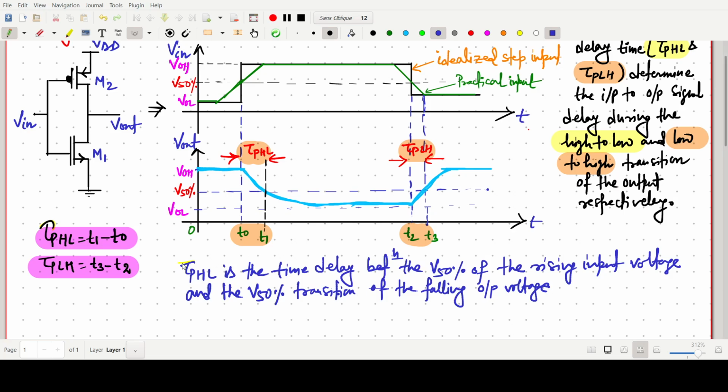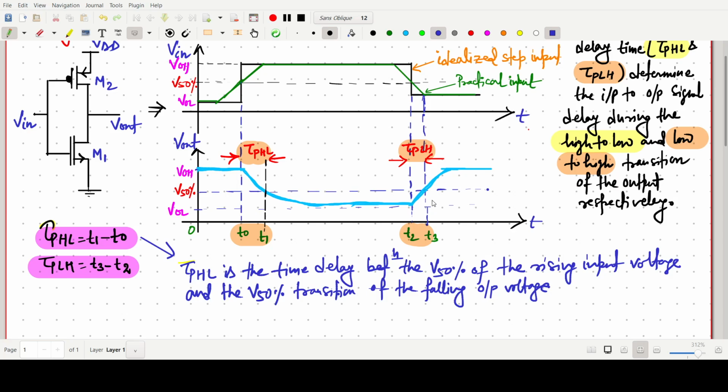Means tau PHL, this distance, this and falling one, at V50%. So this is called tau PHL, the time delay between the V50% of the rising input and the V50% transition of the falling output. So this is basically tau PHL.